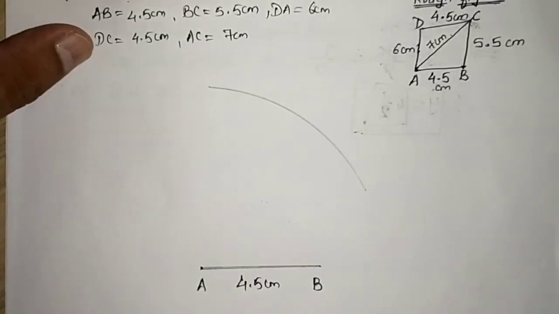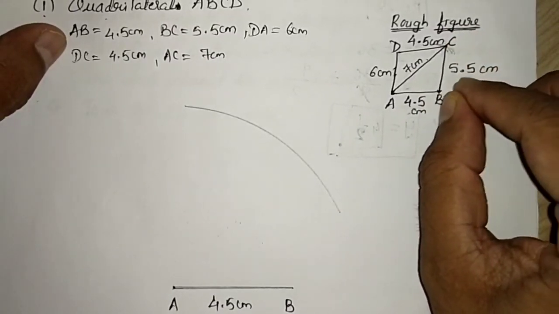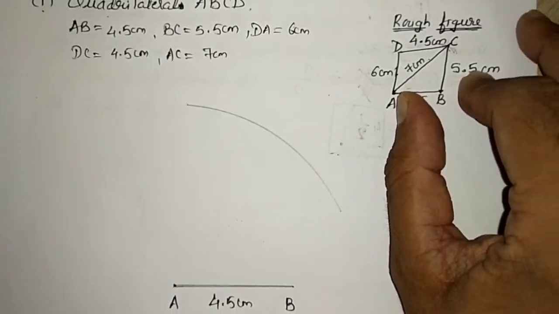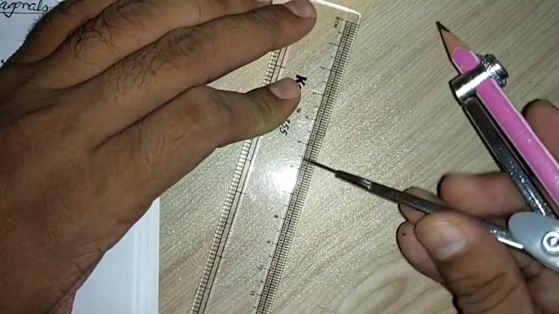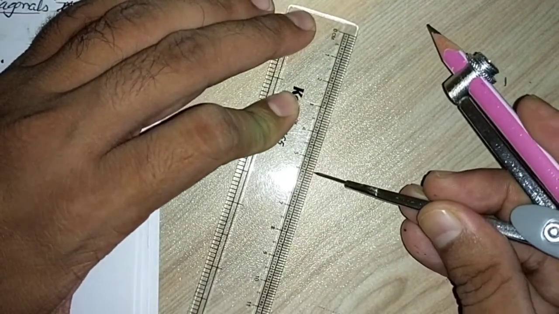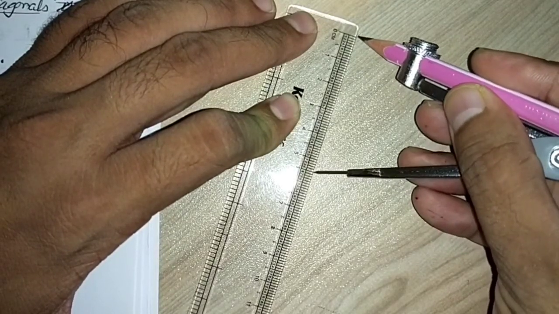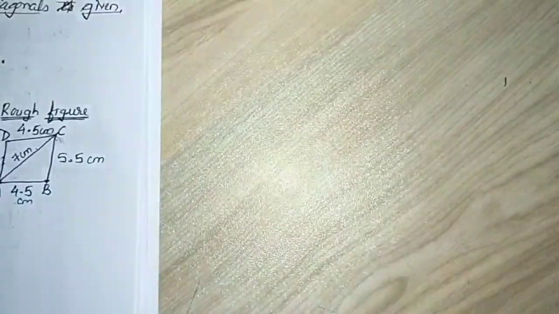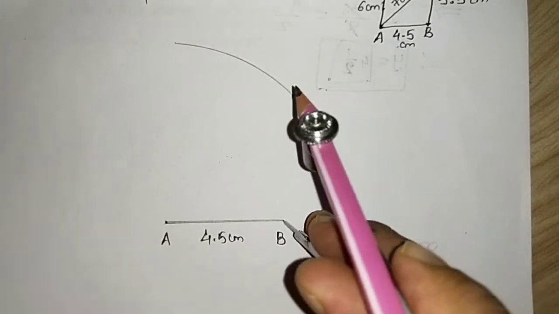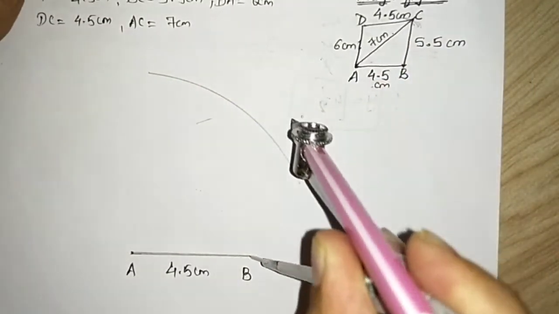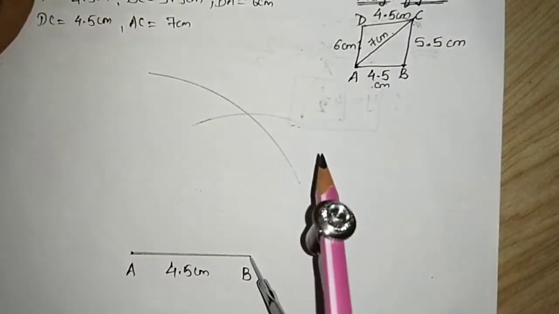Now taking B as a center and 5.5 radius. Again, you will need compass and scale. 5.5 radius, measure from here. This is 5.5, and put on B. Draw another arc which will intersect the previous arc which we have just discussed.